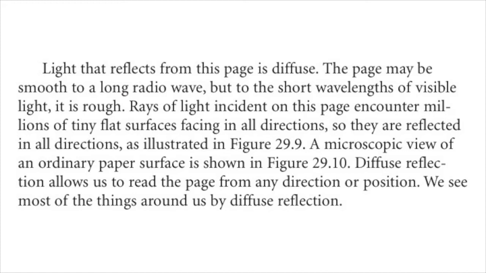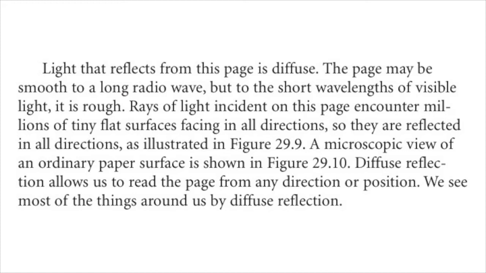Rays of light incident on this page encounter millions of tiny, flat surfaces facing in all directions, so that they are reflected in all directions, as illustrated in figure 29.9.